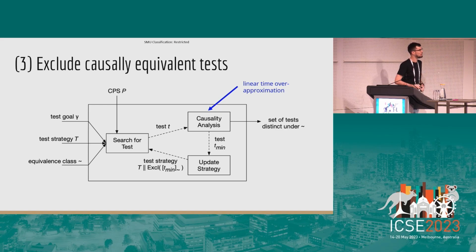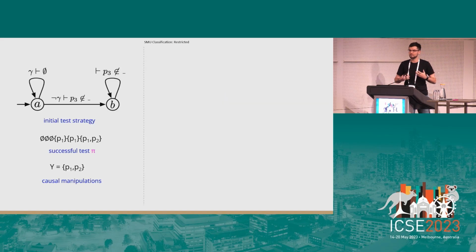So to give a concrete example, and this is just to give the gist, the details are explained, I hope, much better in the paper. So these are three concrete inputs. We have some test strategy over here, and intuitively, this is firing a transition once some condition gamma is false. And it's essentially saying you can use any manipulation you like except P3. It then has a successful test. So this is expressing that a sequence where you do nothing, nothing, nothing, then P1, P1, followed by the set P1, P2, apparently causes the test goal to be achieved.